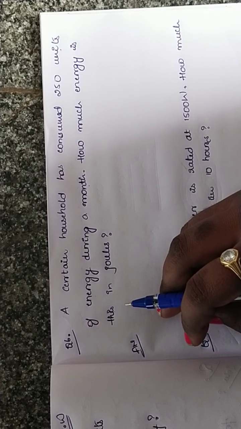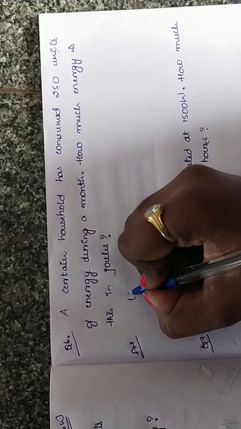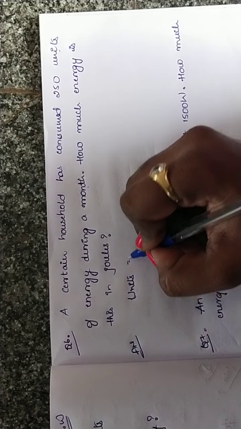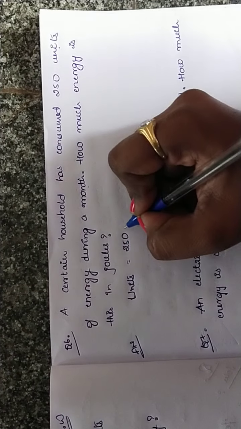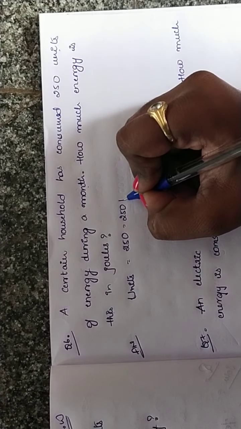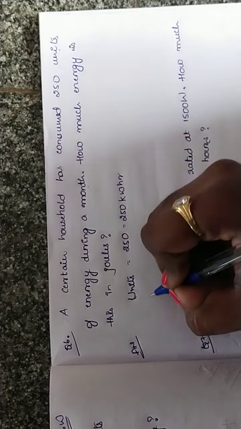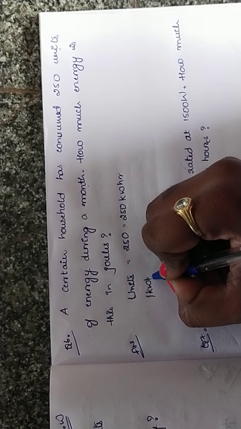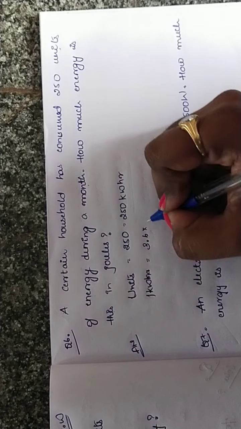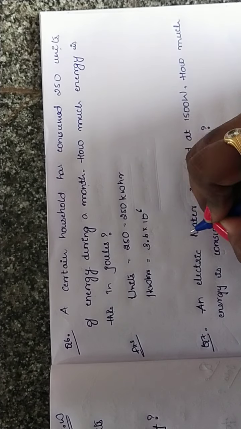So let's write it as units is equal to 250 kilowatt hour. We know that 1 kilowatt hour is equal to 3.6 into 10 to the power of 6.